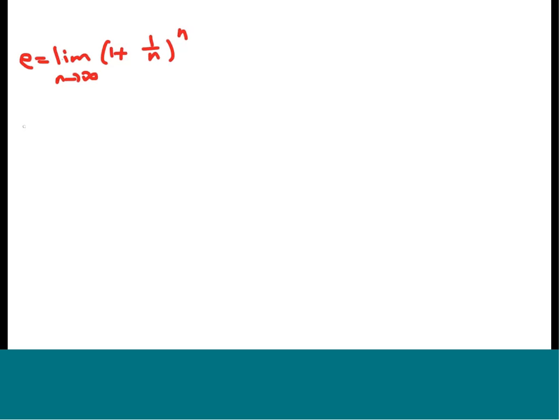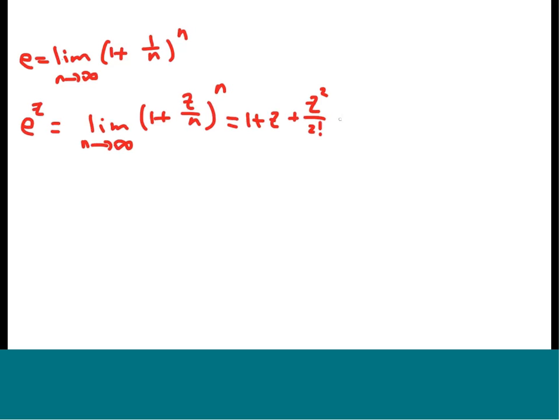So you can easily see e to the z is going to be the limit of 1 plus z over n to the n. This is the expansion. I didn't really talk to you too much about that then, so it's going to be 1 plus z plus, when n goes to infinity.